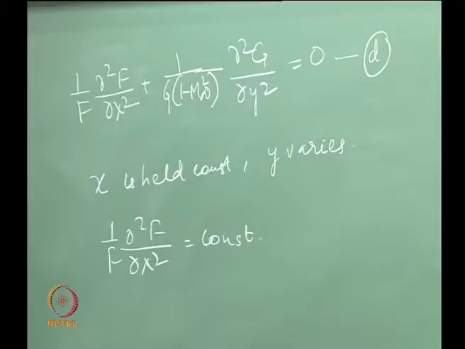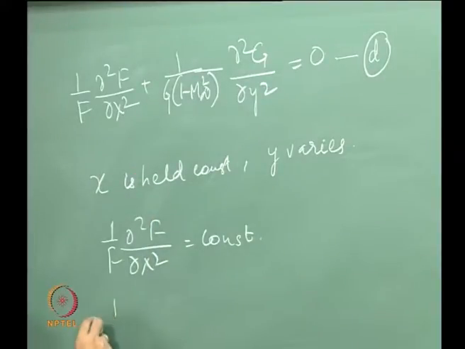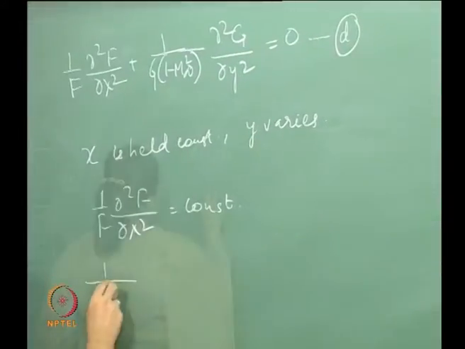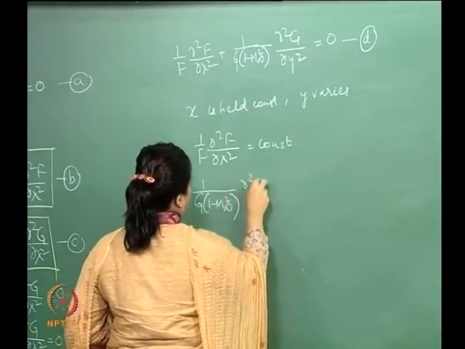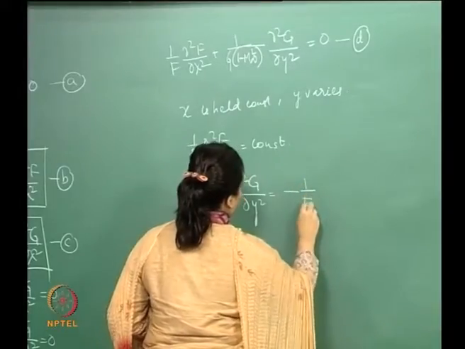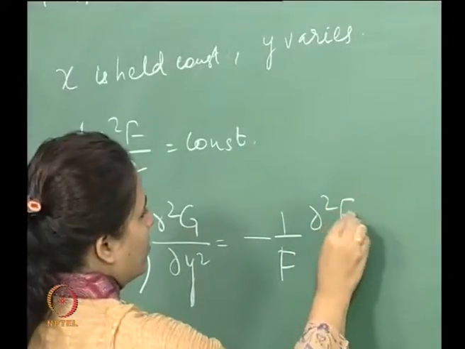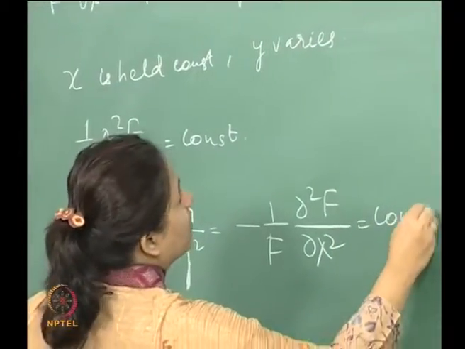So this is a constant, say, and let us call this, okay. So this is a constant. Okay. So which means that, so again, if that is true, from D what we get is that 1 by, right, and this is constant, right.